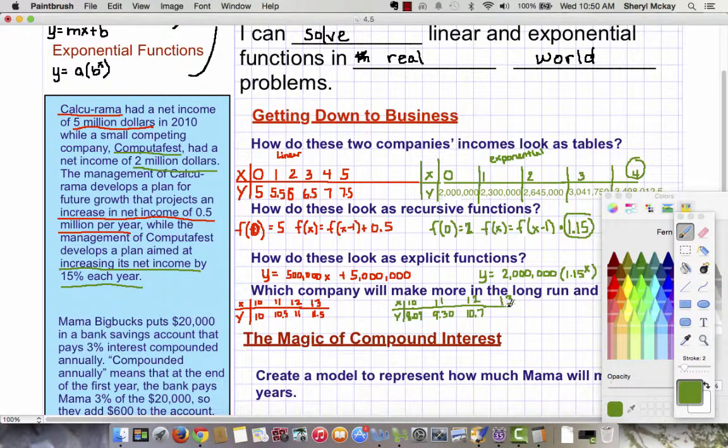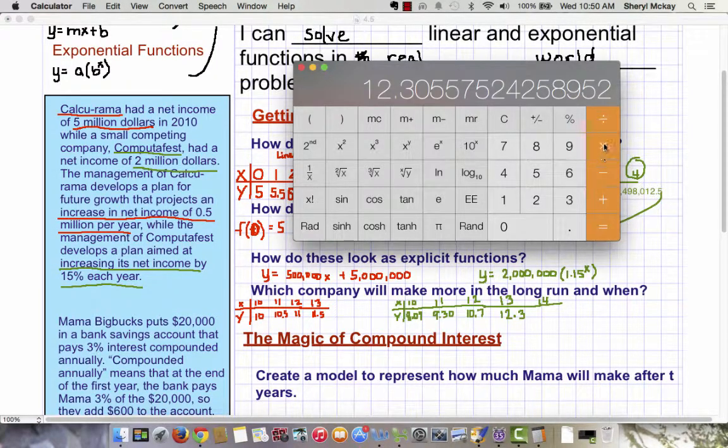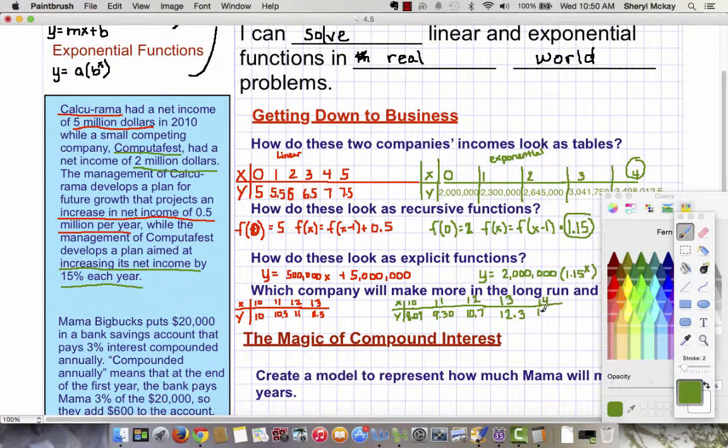So at year 13, Computafest has made 12.3 million, and Calcurama has made 11.5. And what we'll see, let's go ahead and do one more, 14, and multiply that times 1.15, and I get 14.5 million. So 14.5 million.